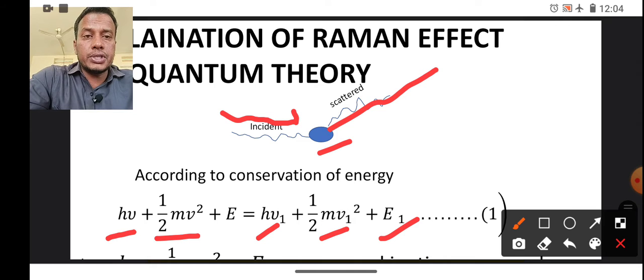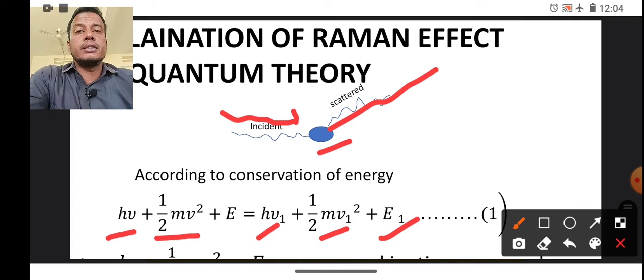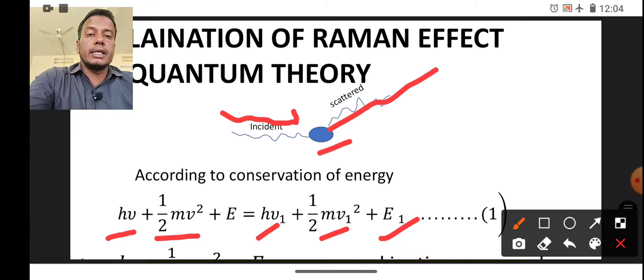Due to conservation of energy, the total sum of the kinetic energy and the photon energy of the incident particle is equal to that of the scattered one.